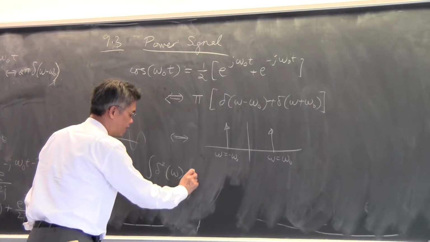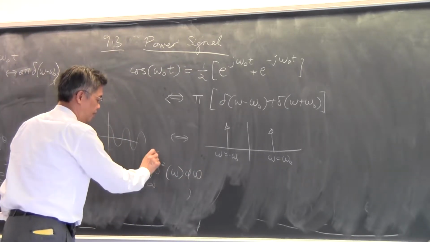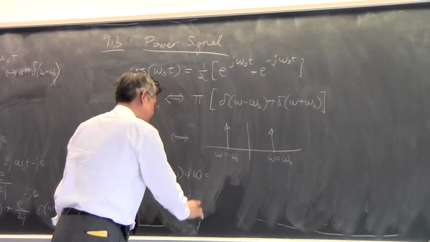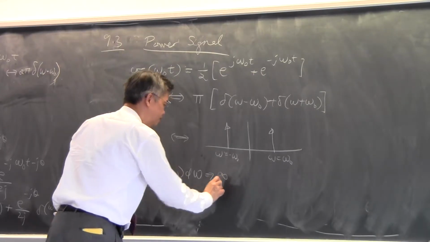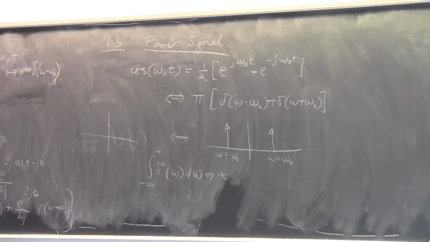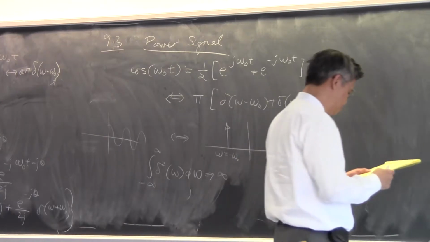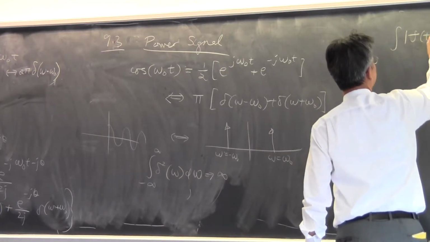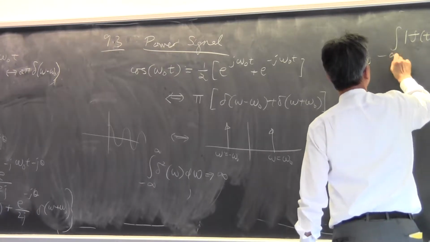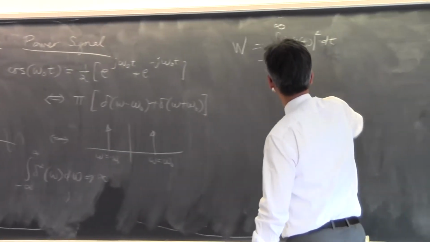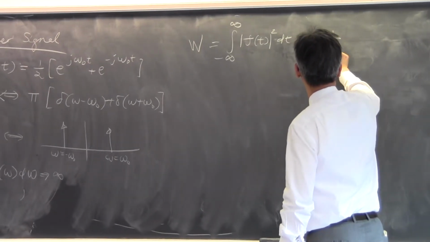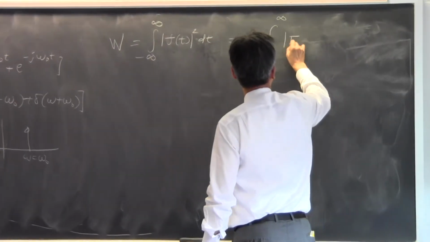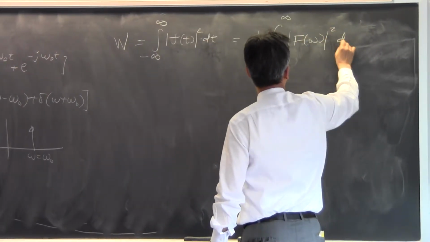If you were to integrate a delta function squared, you will find that it tends to infinity, it never converges. So if you were to apply Parseval's theorem, it says that if I have a function f of t, the energy that it has is given by this, but you can also express this energy in terms of its Fourier transform.